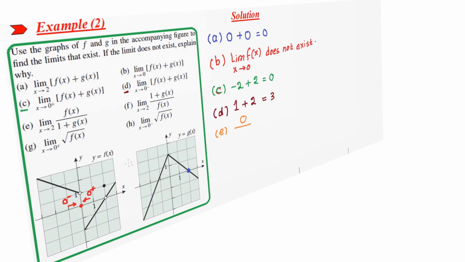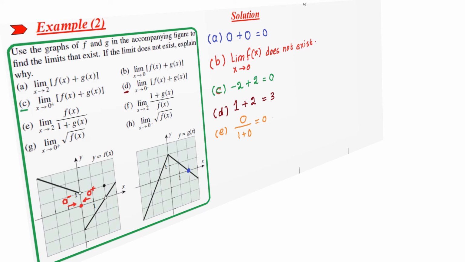Divided by 1 plus limit g of x, and limit g of x when x goes to 2 equals to 0 also. So we have 1 plus 0, which is equals to 0.